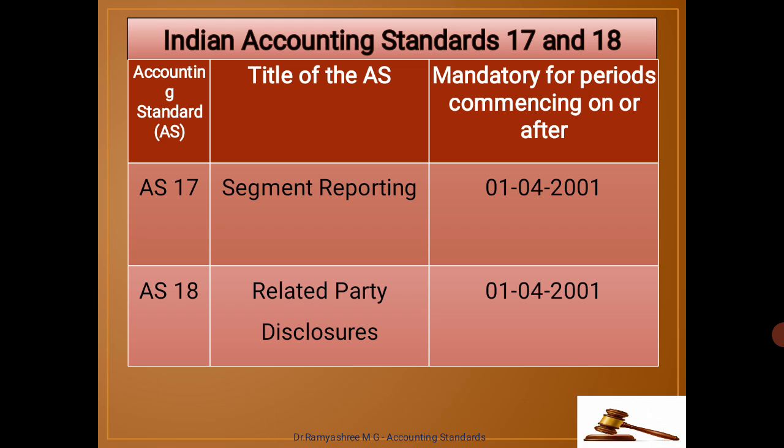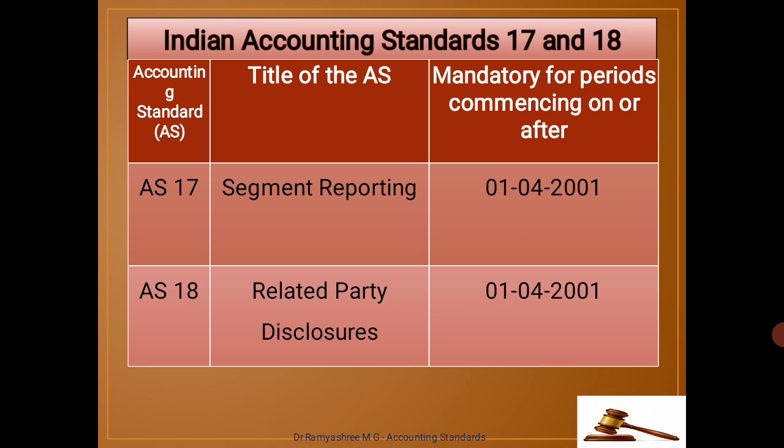Accounting Standard 18 deals with related party disclosures. This accounting standard comes into effect in respect of the accounting periods commencing on or after April 1st, 2001 and is mandatory in nature.